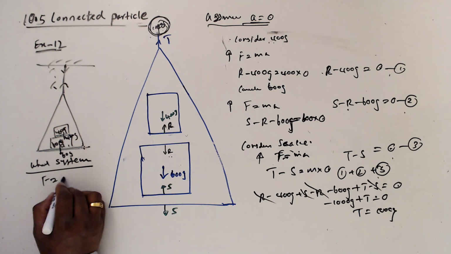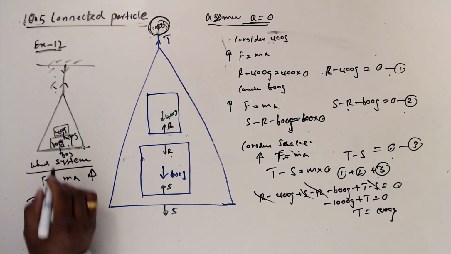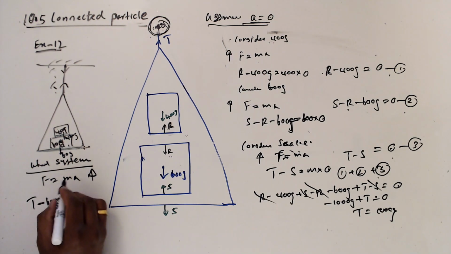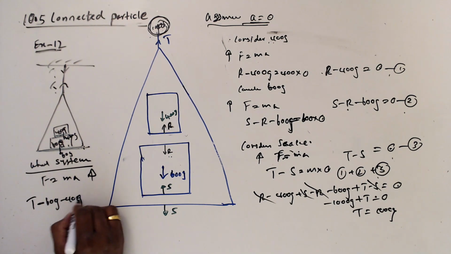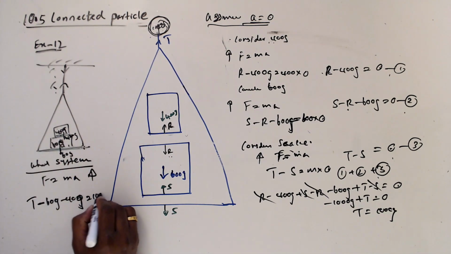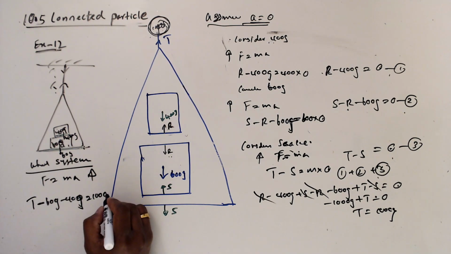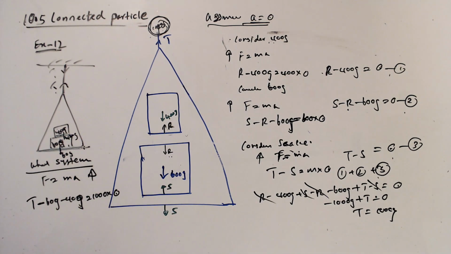So if we put F equals MA, you can see T minus 600 g minus 400 g equals, what is the total mass? 600 plus 400, that is 1000 times acceleration, and if it is not moving, it is 0. So then T minus 1000 g equals 0 and T equals 1000 g.